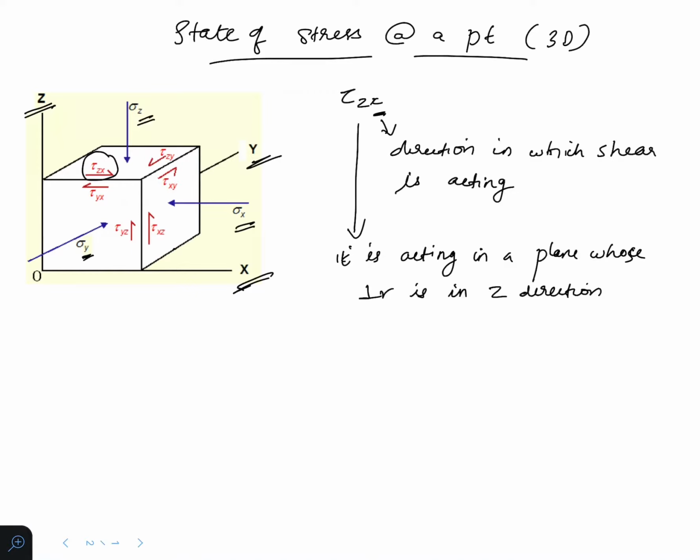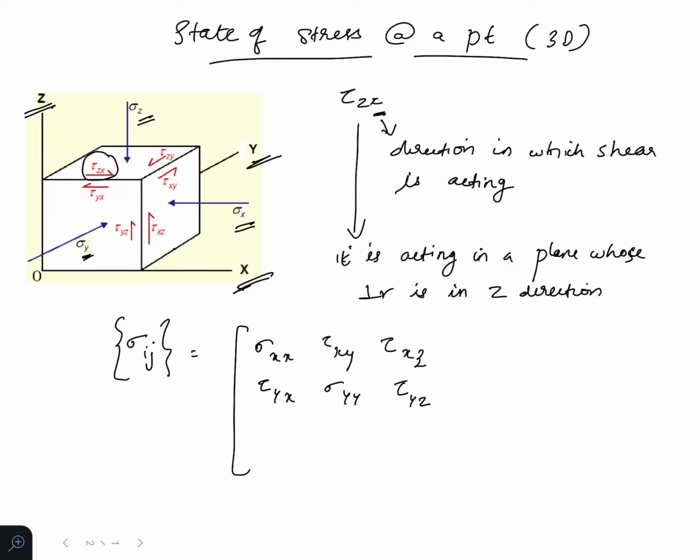Okay, so we have our stress tensor sigma ij represented as sigma xx, tau xy, tau xz, tau yx, sigma yy, tau yz, tau zx, tau zy, sigma zz.